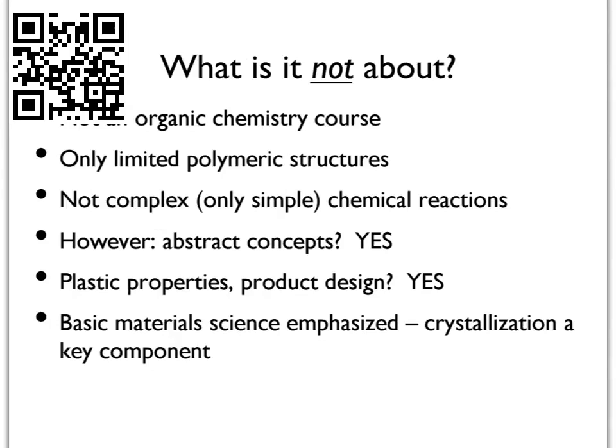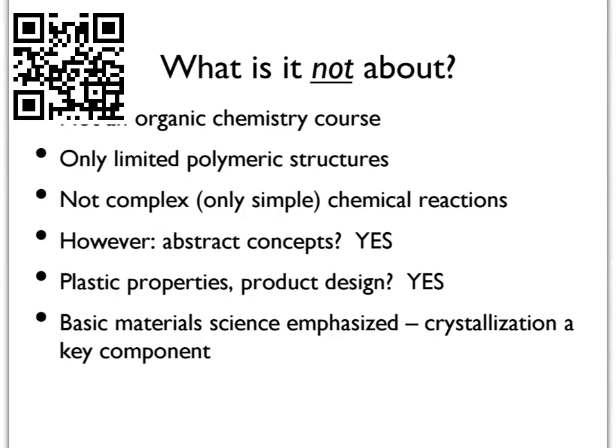Okay, this is not an organic chemistry class, which usually causes some people to breathe a sigh of relief. It could be, if you want it to. There's lots of organic chemistry to talk about when it comes to polymers, but I don't spend much time focusing on that. We'll get into a little bit about some reactions for the second half of the semester, but not that much. And as I said earlier, you're only responsible for a limited number of polymeric structures, understanding how to spell their names and various things like that.